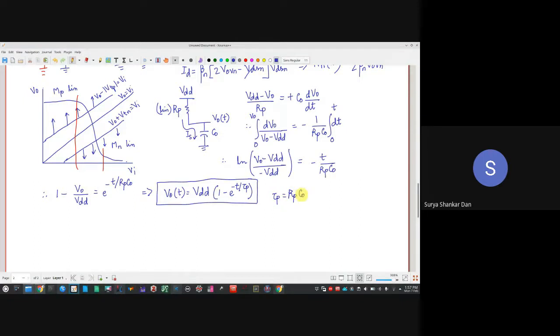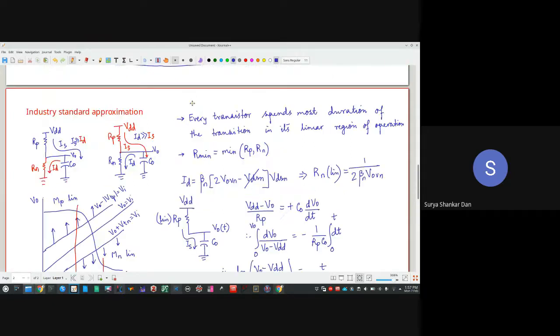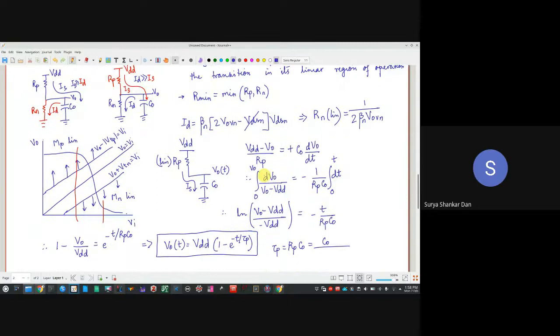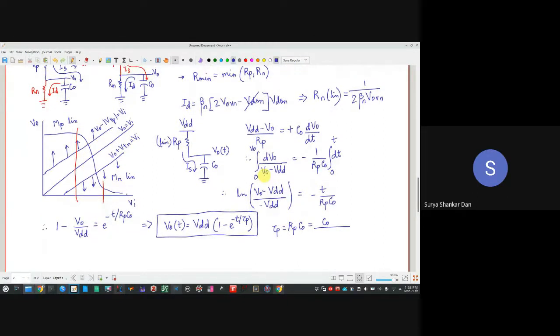The catch is, this RP will be equal to how much? As I said, we will only consider the linear region. We have essentially chosen the PMOSFET only, and as we have seen, the PMOSFET will spend most of the duration of its transition in the linear region of operation. It is going to have two states, saturation and linear. Which of them is smaller? Always the linear resistance.